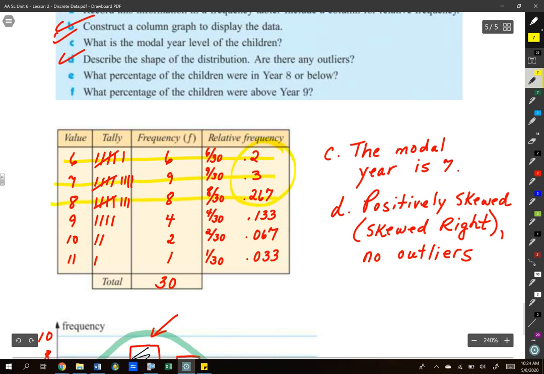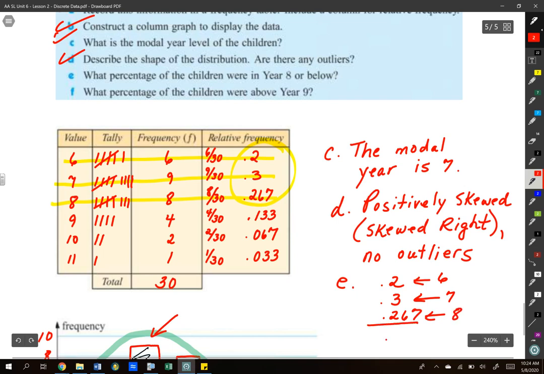Those values right here. So for letter E, we're going to do 0.2, 0.3, and 0.267 because 0.2 goes with the value of 6, 0.3 goes with the value of 7, and 0.267 goes with the value of 8.